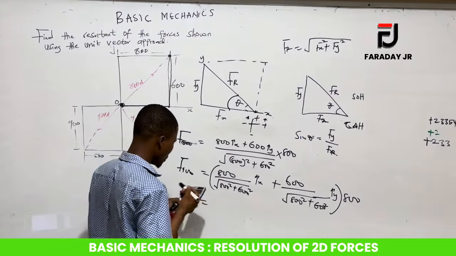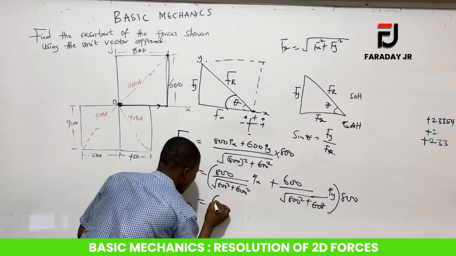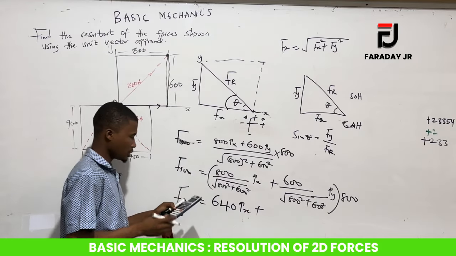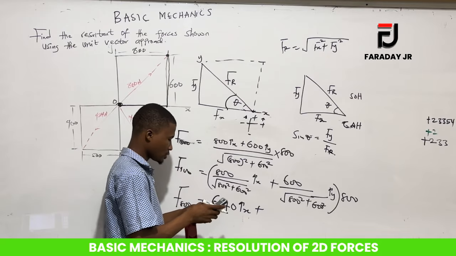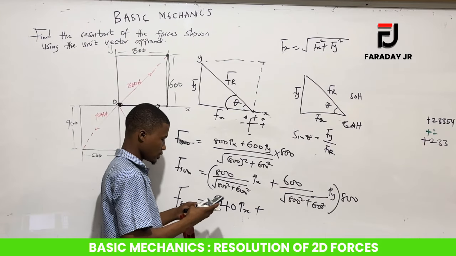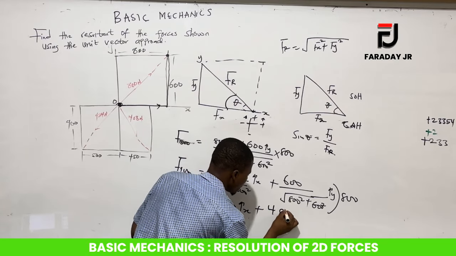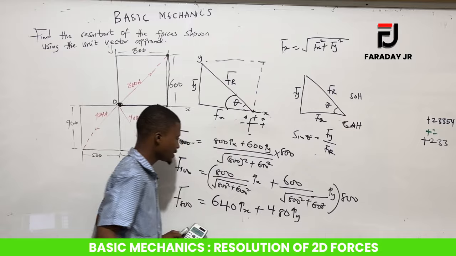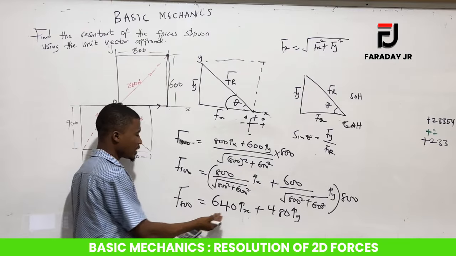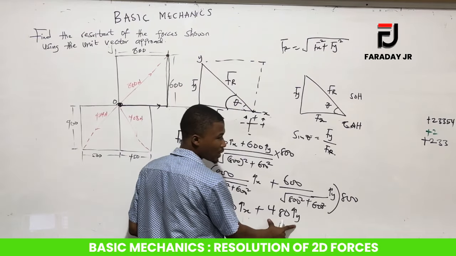So this will give me a value of 640 i (x), and then the other one will give me a resultant of 480 j (y). So this is just telling us that this F component, the 800 component, is giving us a particular force in the X plane and another force in the Y plane.